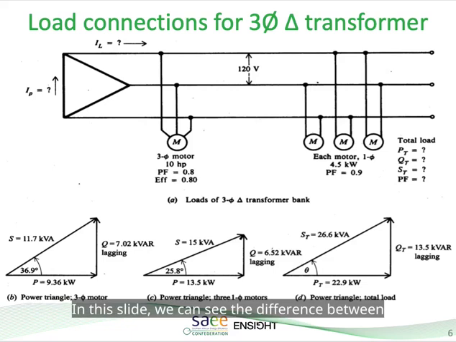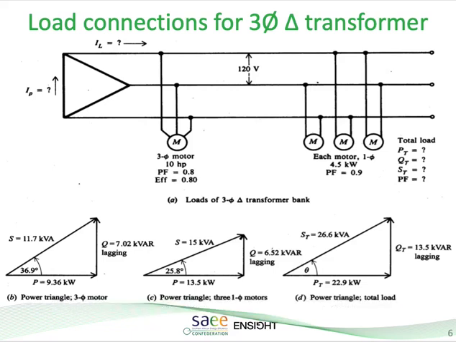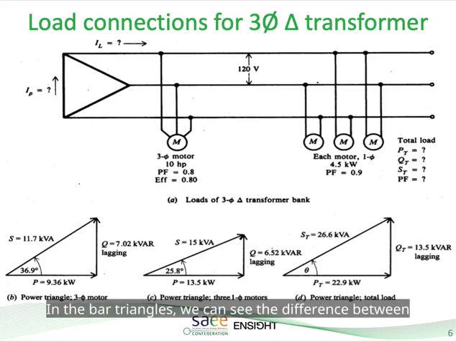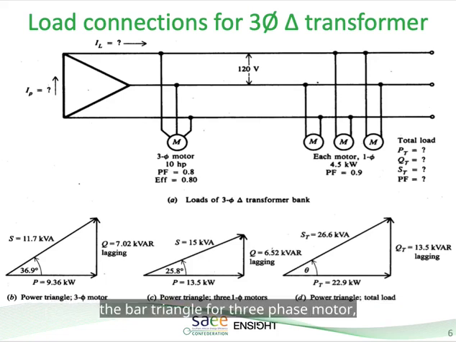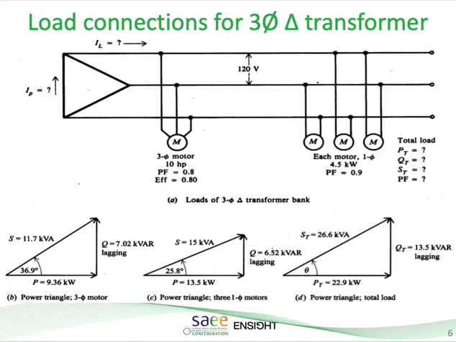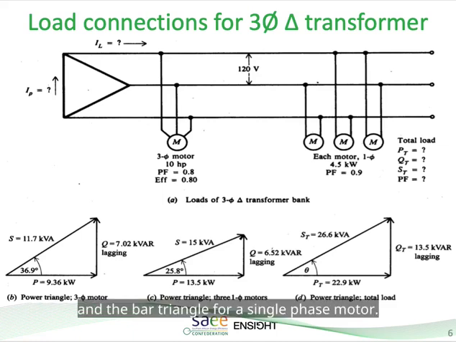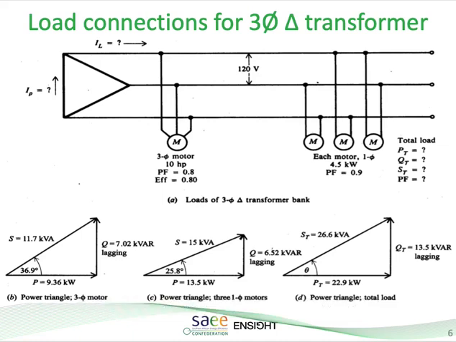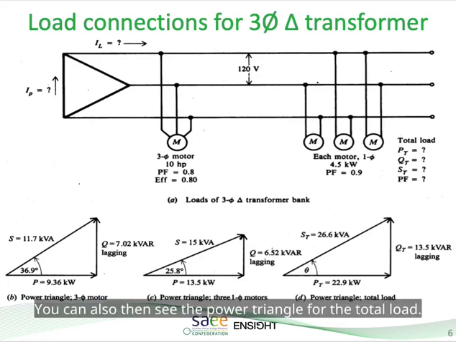In this slide, we can see the difference between a three-phase motor connected to a delta connection and three single-phase motors connected to the delta connection. In the power triangles, we can see the difference between the power triangle for a three-phase motor and the power triangle for a single-phase motor. We can also then see the power triangle for the total load.